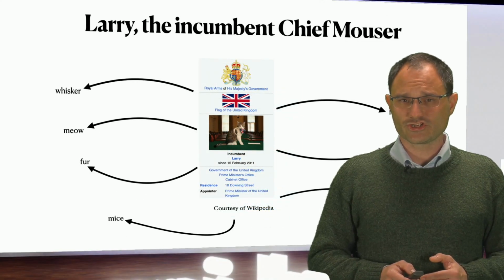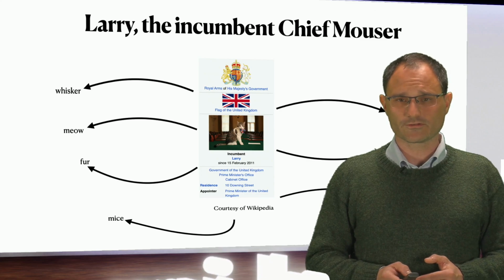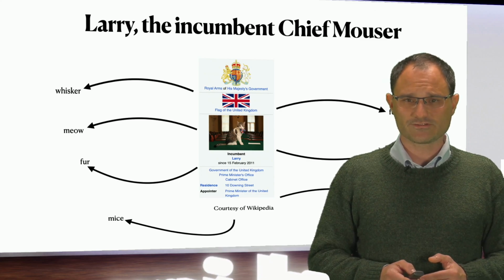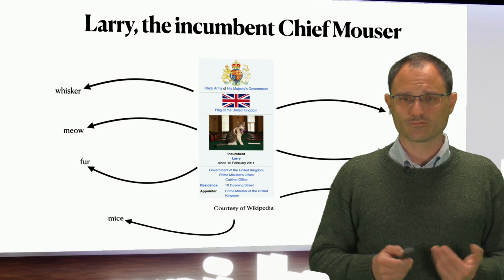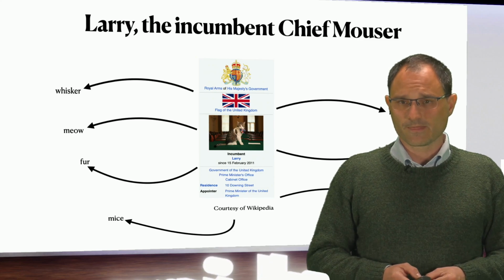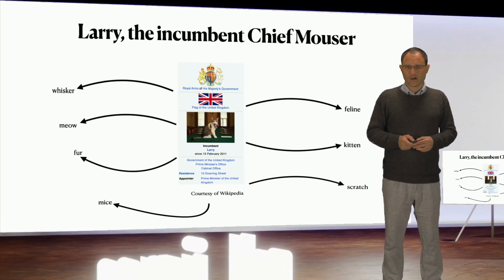He is the current chief mouser to the Cabinet Office. He lives and works at Downing Street, and his job is to catch mice. The example of Larry demonstrates how words typically co-occurring with a given word define the meaning of that word. When we work with vector space representation of words, we rely on this definition of meaning.